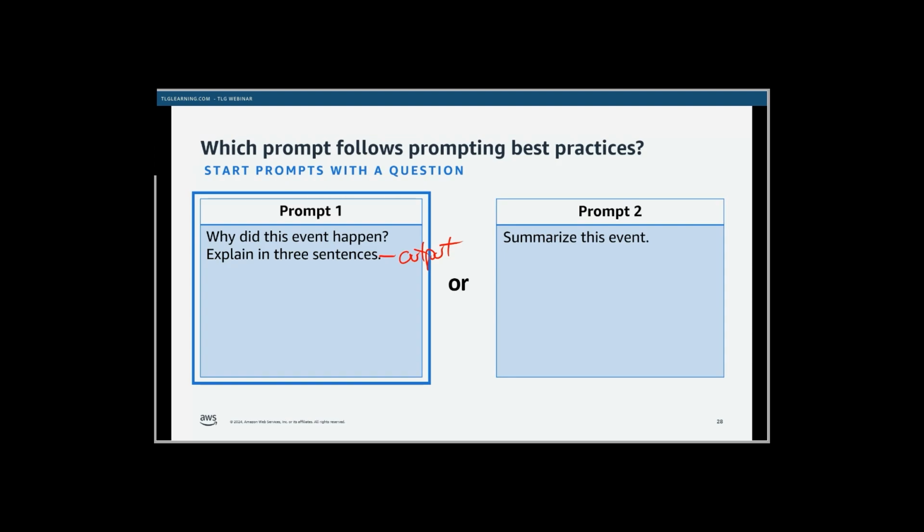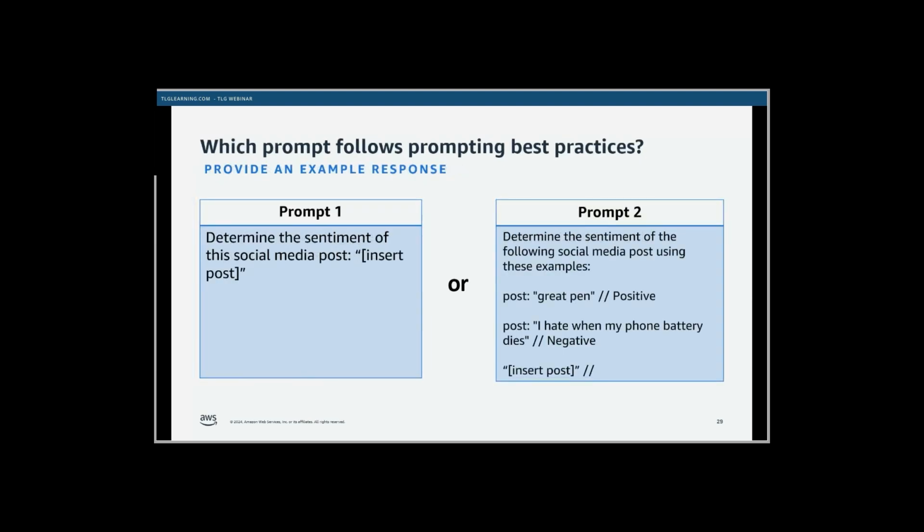So prompt number two just leaves it open. Prompt number two might work. Probably would get some results, but it's going to depend upon your AI. What about providing an example response?